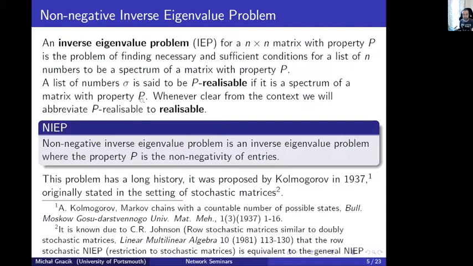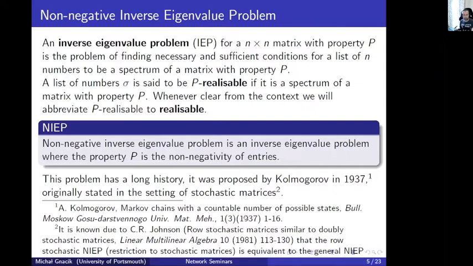So if we study an inverse eigenvalue problem, for example, for matrices with non-negative entries, then a list of numbers sigma is going to be realizable if it is a spectrum of a matrix that has non-negative entries. And this particular problem was the first, if we look back in the literature. I've done a bit of research on the history.